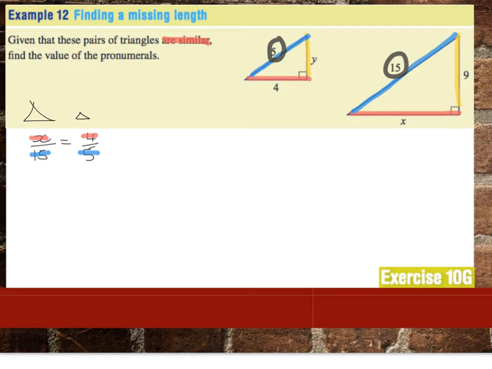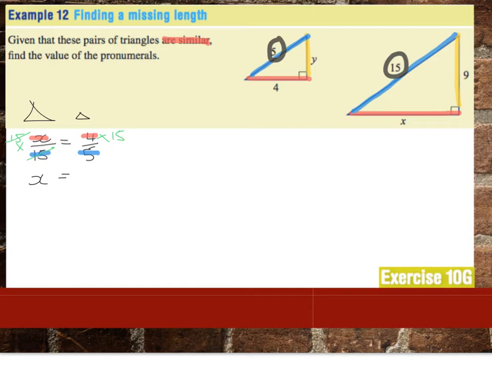So the corresponding sides. Now, in algebra we have learned that to get rid of divide by 15, I'm going to multiply by 15. I'm going to do this for you today in a different color. Times 15, times 15. Now you can be lazy, it's your right nowadays.